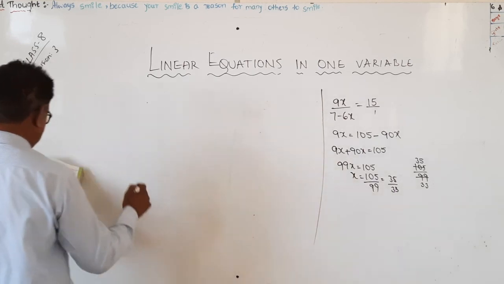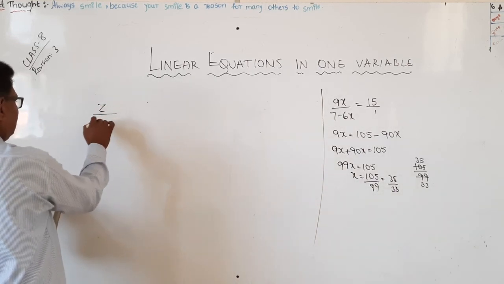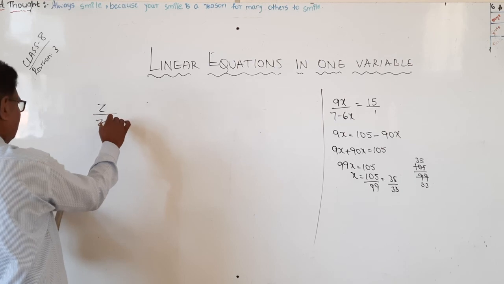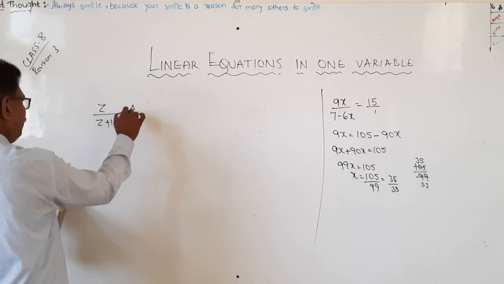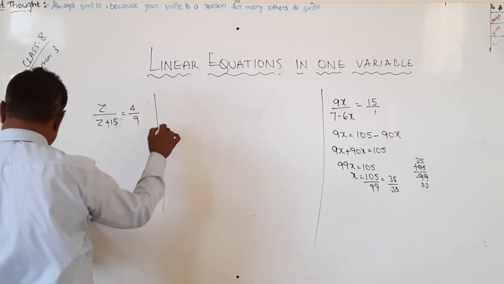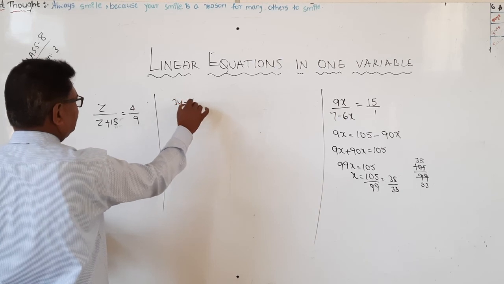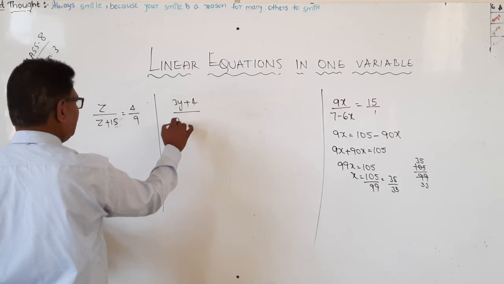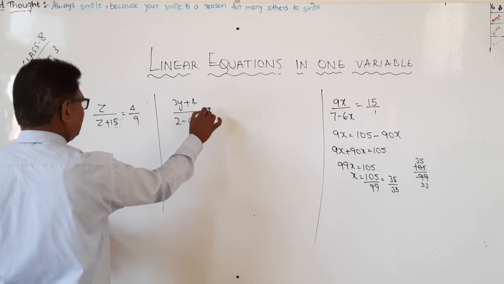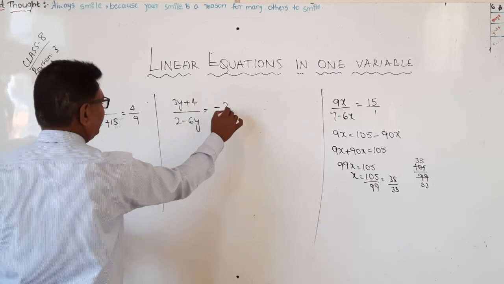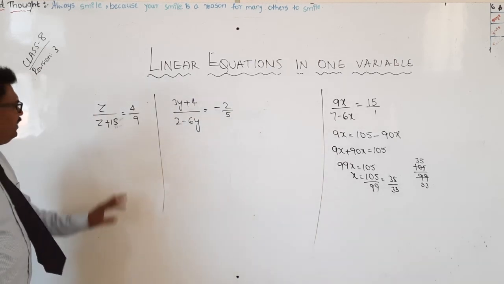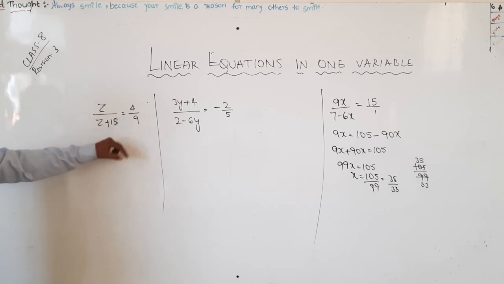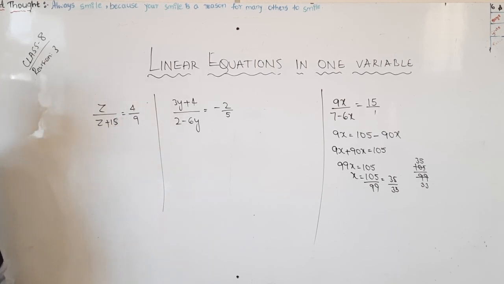Z divided by (z + 15) is equal to 4 by 9. One more problem: (3y + 4) divided by (2 - 6y) is equal to minus 2 by 5. Look at the first problem: z divided by (z + 15) equals 4 by 9. Just cross multiplication.